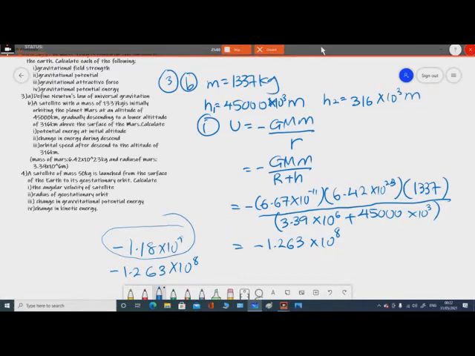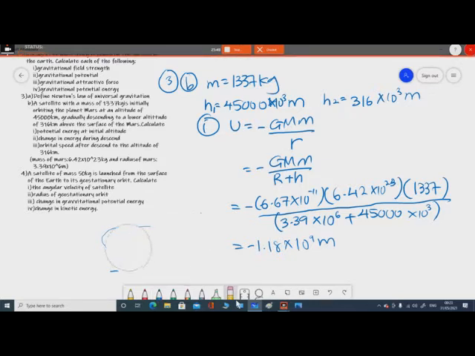Okay, so yeah, oh, I think there's a typing error in my calculation just now, so the final answer should be this one. Alright, so the final answer is actually given as negative 1.18 times 10 to the power of 9. Okay, so I apologize for my mistakes.